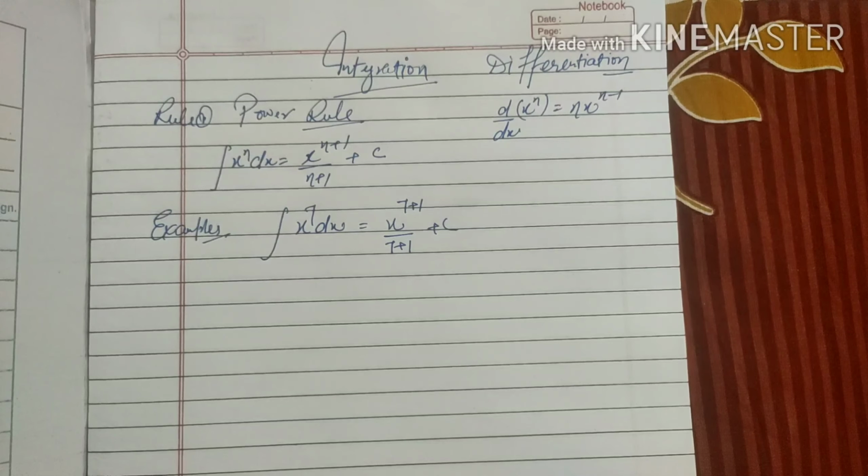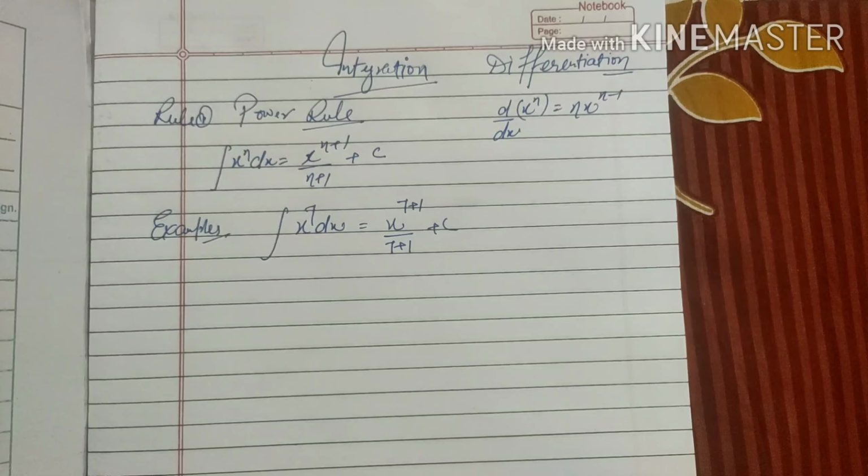Another example, integration of square root of x times (x plus 5). In the same way, when two functions are in multiply, we solve it by the separate product method. So when we multiply we get x raised to power 1 multiplied by x raised to power half. In multiplication the powers add. The second term becomes 5 with square root of x. Square root of x means half power.